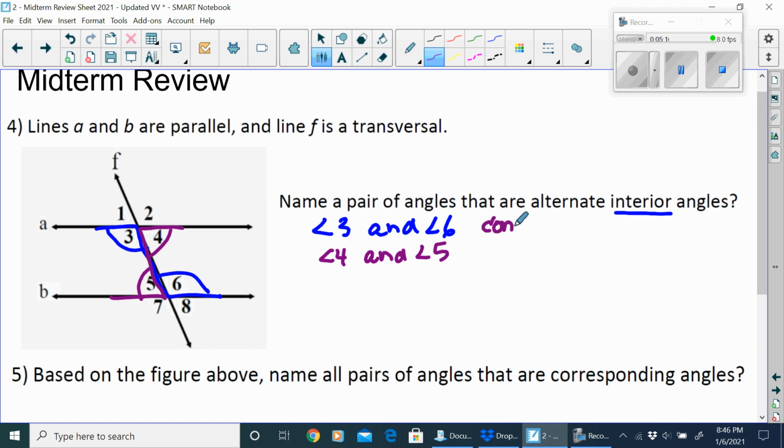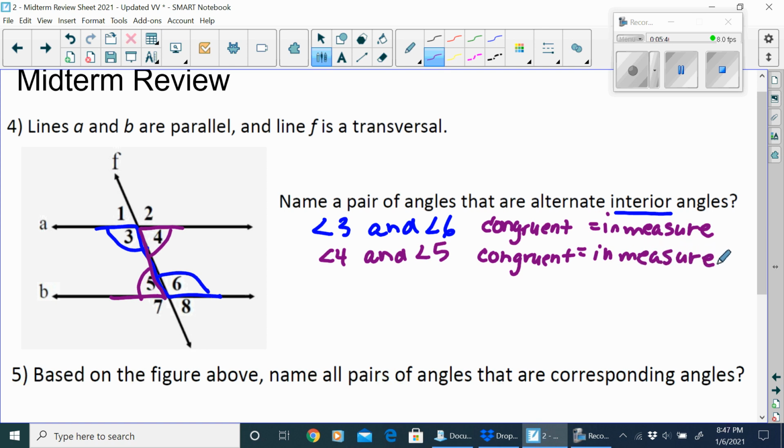So just to know that, they're equal in measure or number of degrees. And the same goes for 4 and 5. Because they're alternate interior, they're congruent, they're equal in measure, same number of degrees.